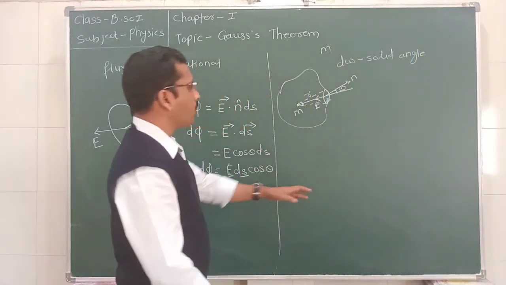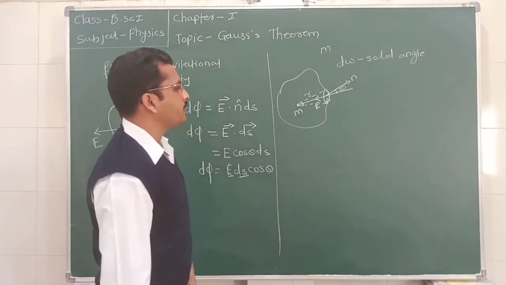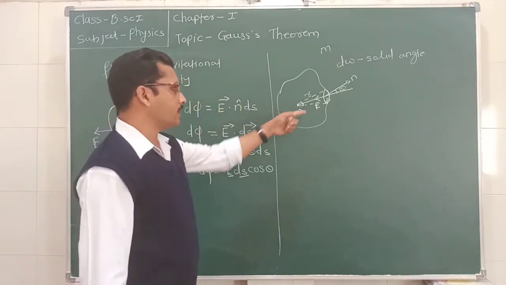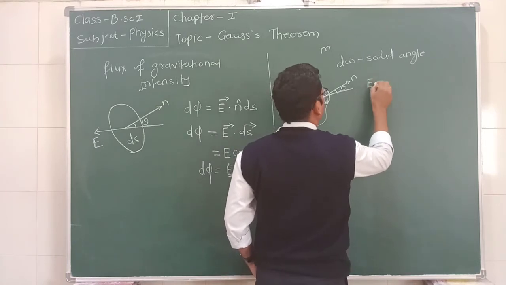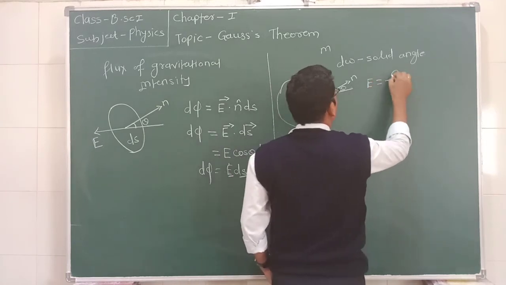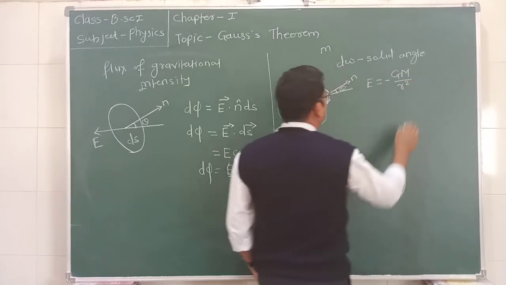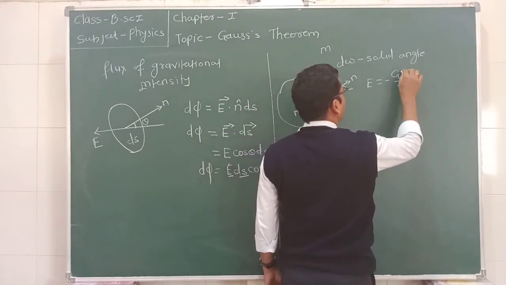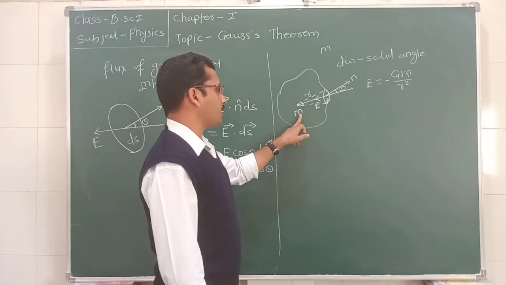So, first of all, we derive the gravitational intensity, the gravitational flux passing through the given surface, which is E equal to minus Gm divided by r square, where r is the distance of this surface from this mass m.